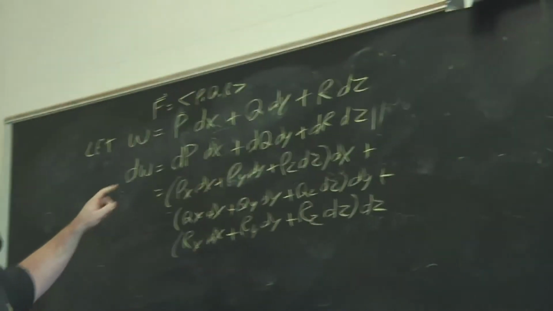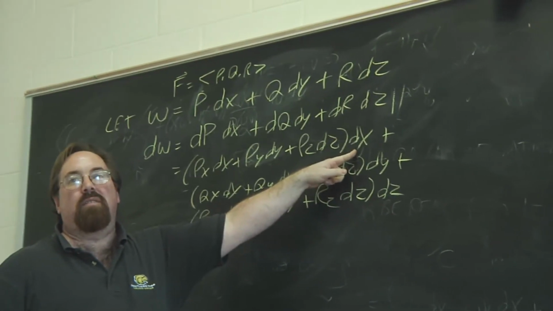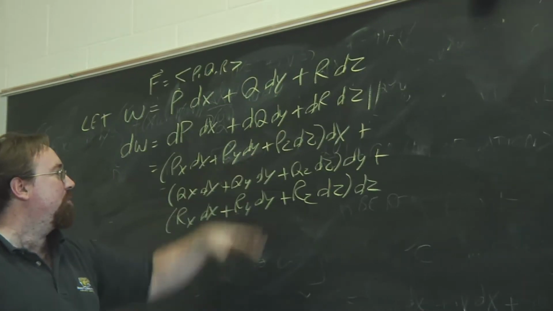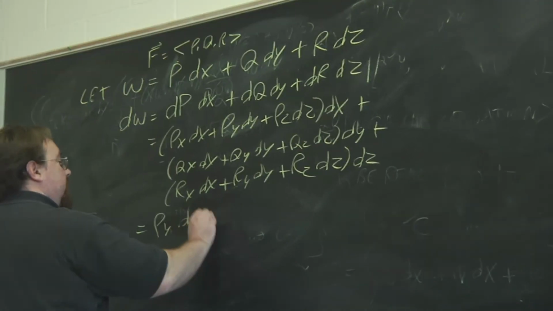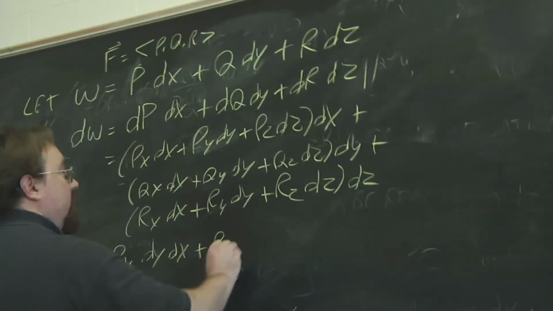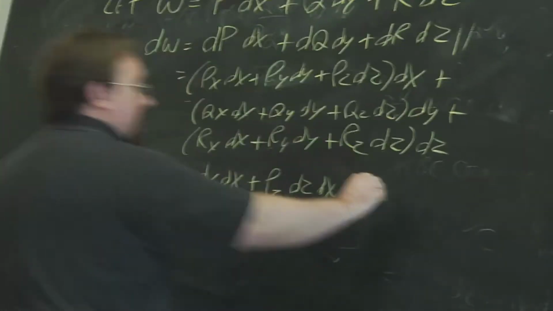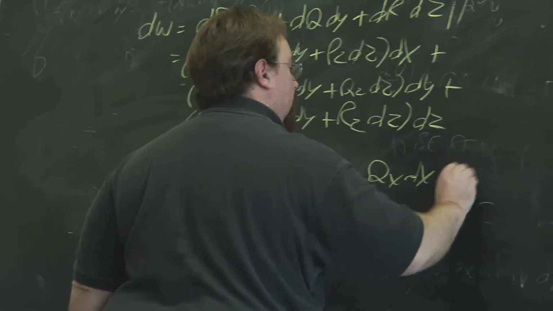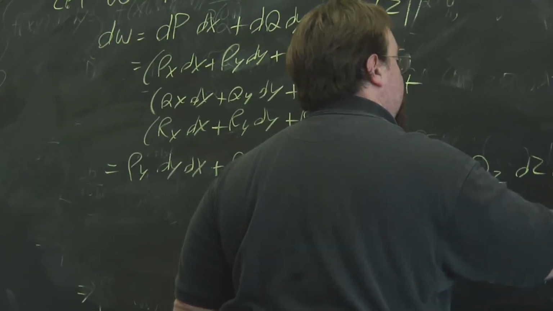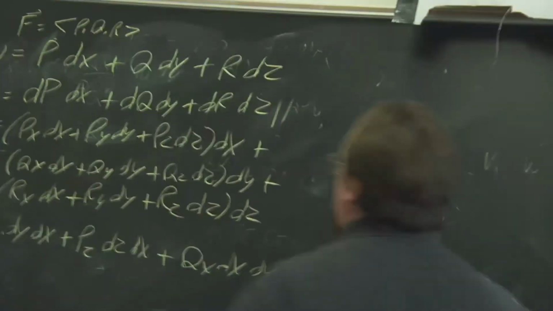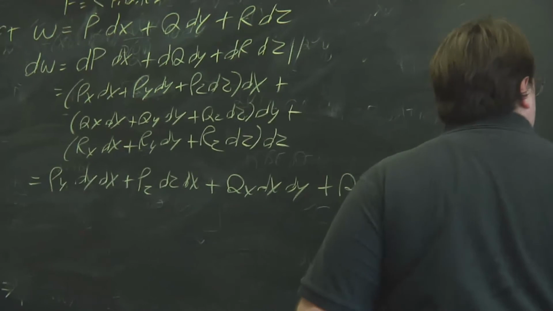Charles saves the day. So now you've got to multiply all these out, but when you have dx dx, that's going to be 0. So a lot of these terms are going to go away. So what you now have is py dy dx plus pz dz dx in the first line, but you're going to have qx dx dy plus qz dz dy plus rx dx dz plus ry dy dz.